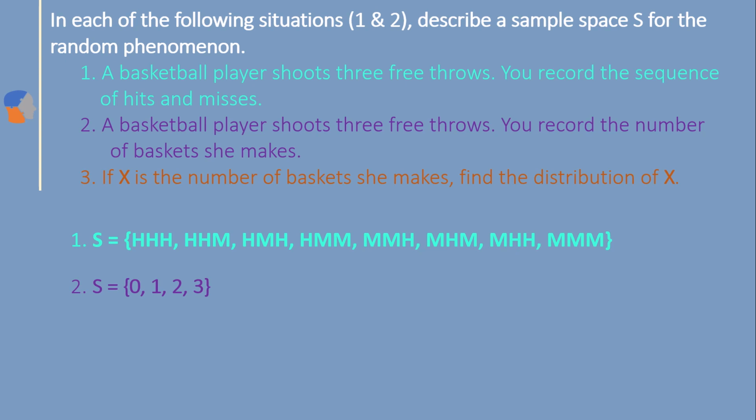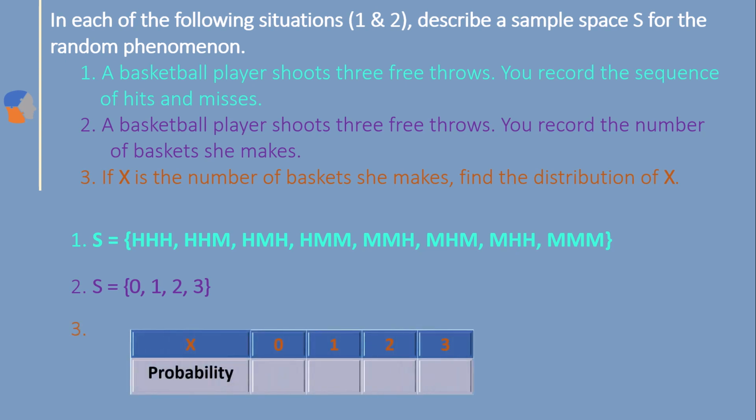Okay, go to the third one. If x is the number of baskets she makes, find the distribution of x. How do we do that? We need to find the distribution of x. First, we need to understand the x values. We already know the x values: they are 0, 1, 2, 3. Now we need to find the probability.